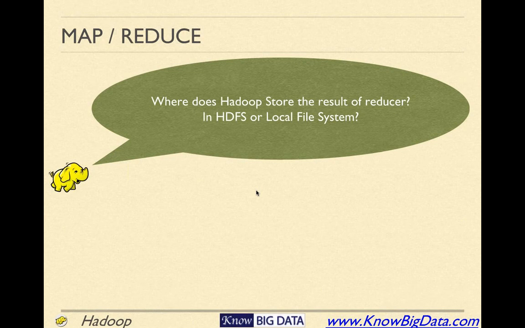Now, where does Hadoop store the result of the reducer? In HDFS or in the local file system? The output of our word count was stored in HDFS or the local file system.